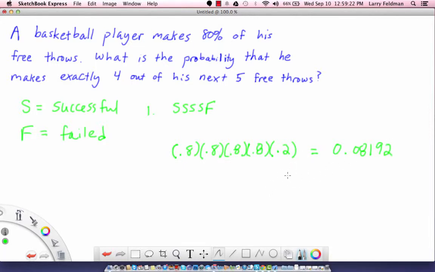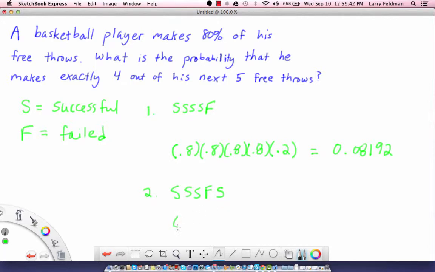Is this the final answer? It's actually not, because the scenario that I wrote here, 4 successes and then a failure, is only one possibility. He could also make his first 3, miss the 4th, and then make the last.